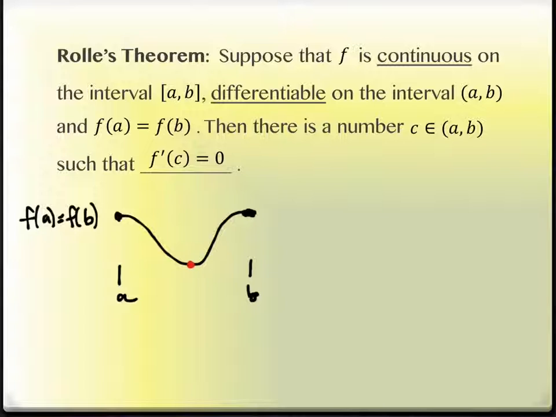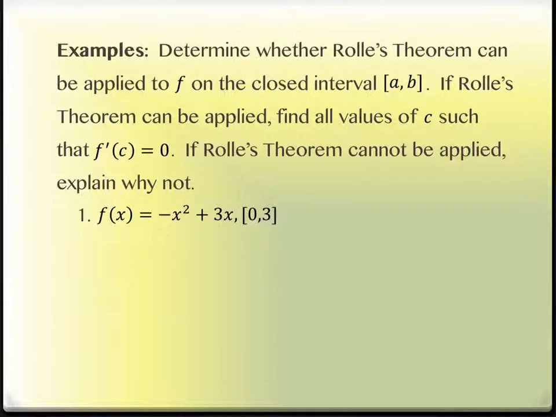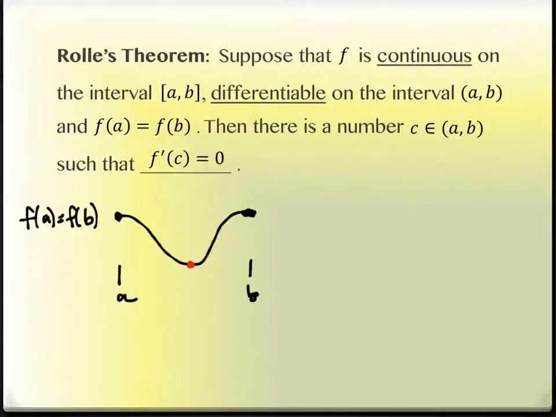All right, cool. So we're going to decide whether Rolle's theorem can be applied to the closed interval. In order to apply Rolle's theorem, there have to be some conditions met. It has to be continuous, and it has to be differentiable. Do you remember when we had to deal with some conditions like this on the first test, and you had to test for them? It's very similar.